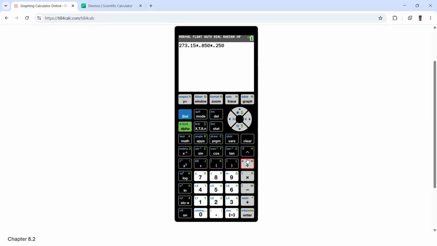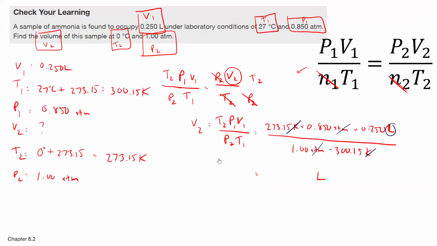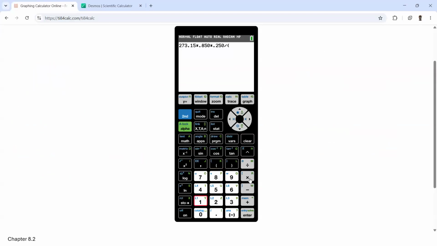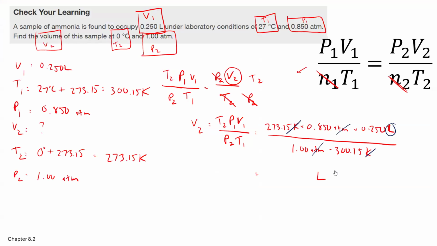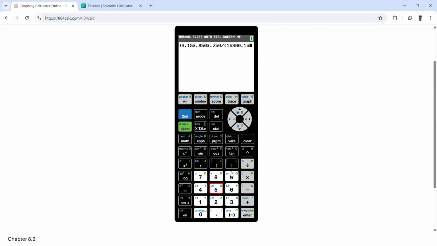And then I'm going to say divide by, but I'm going to put it in parentheses, so we're going to do everything underneath. And it's 1 times 300.15.